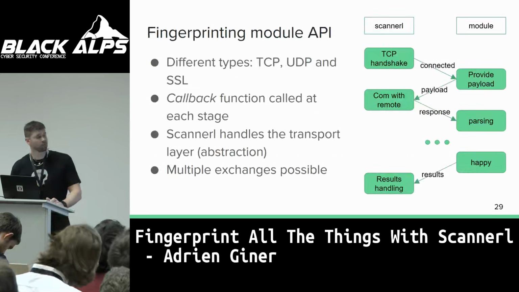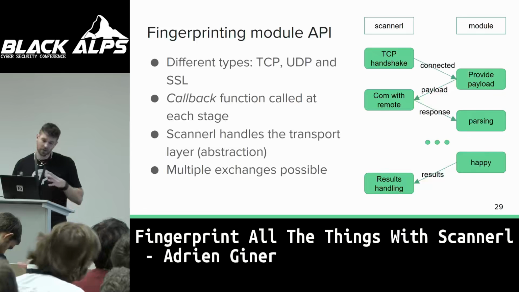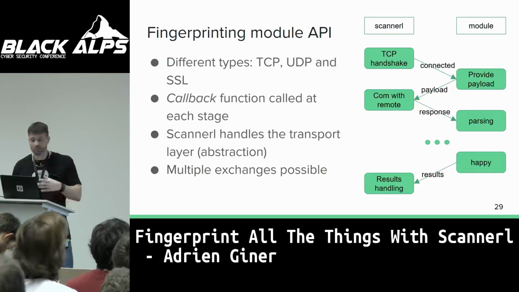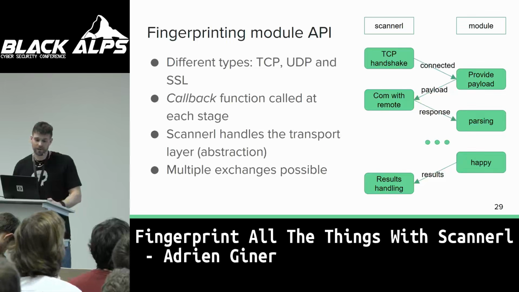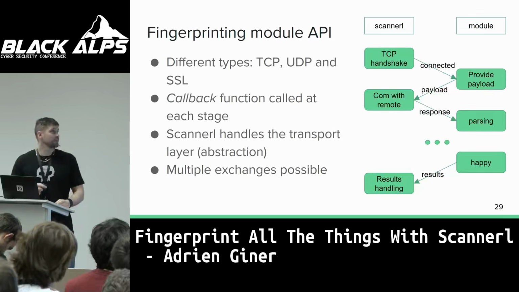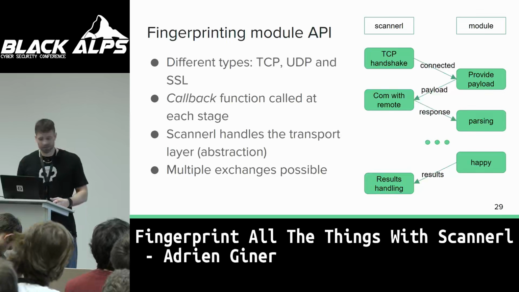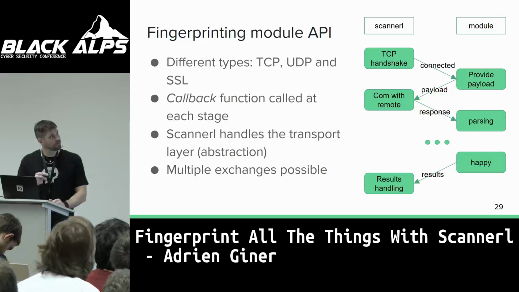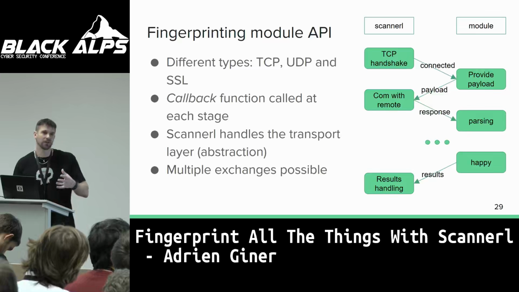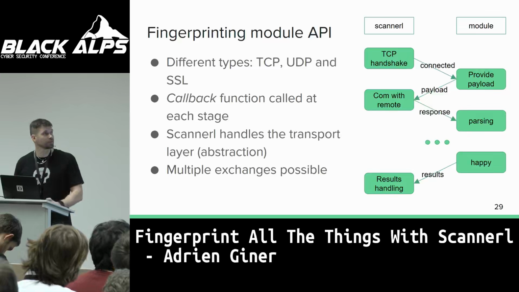So the fingerprinting module actually allows you to perform three types of communication: TCP, UDP, and SSL. Sounds pretty good so far. And there's a callback mechanism so that the whole scanner process here on the left will be handling all the transport communication, so establishing the TCP connection or sending some payload, receiving some.